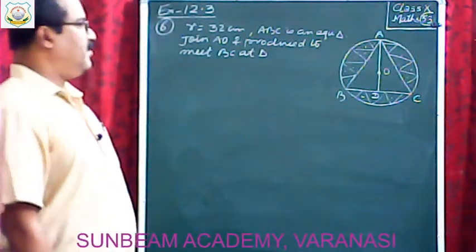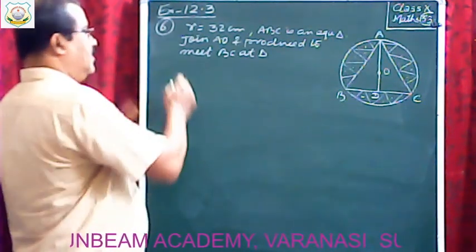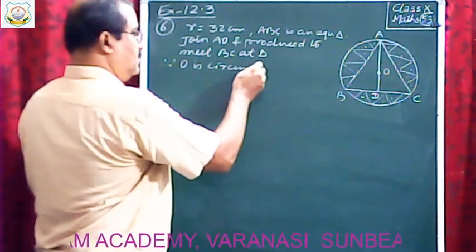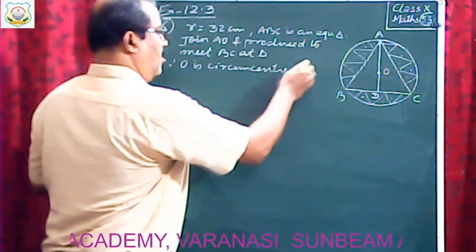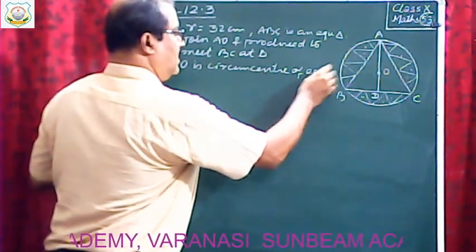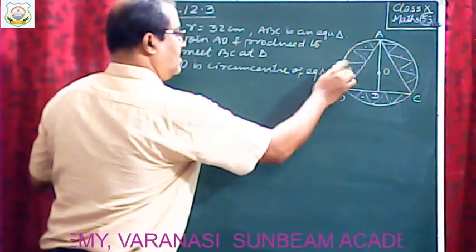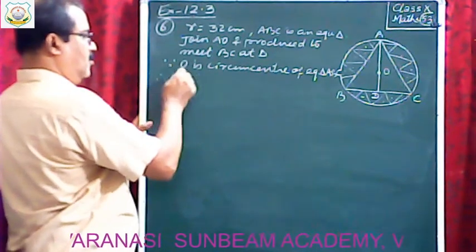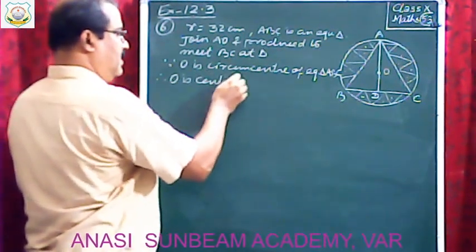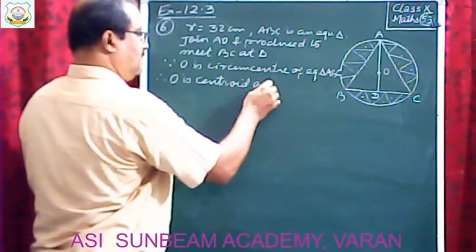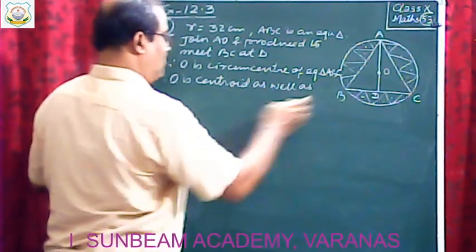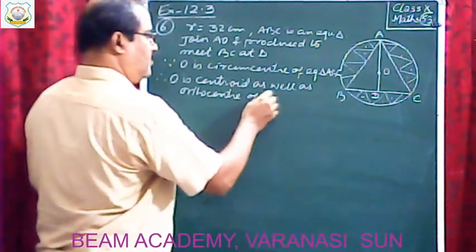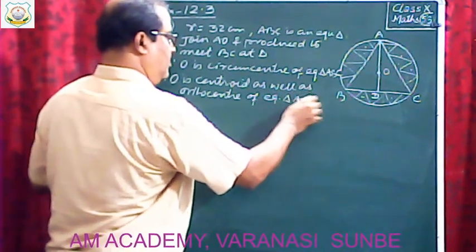Okay. So first of all we have to write all the things. Since O is circumcenter of equilateral triangle ABC, therefore O is centroid as well as orthocenter of equilateral triangle ABC.